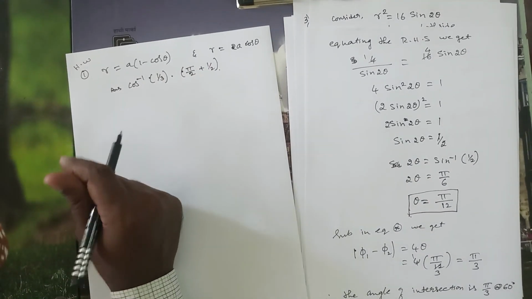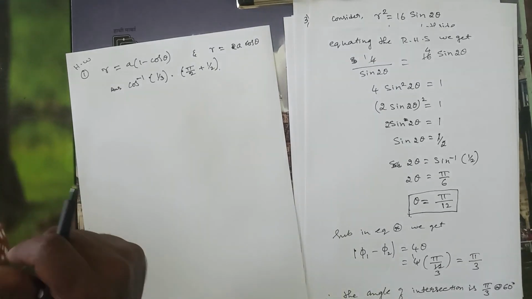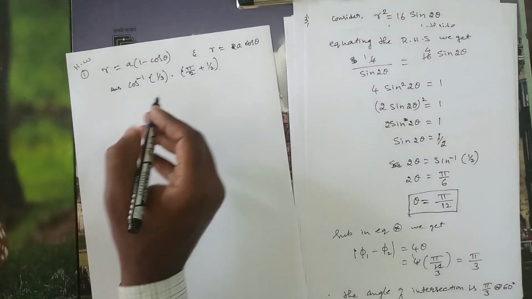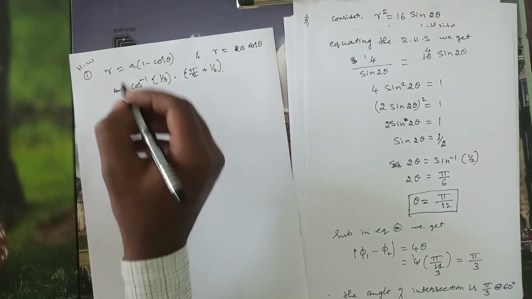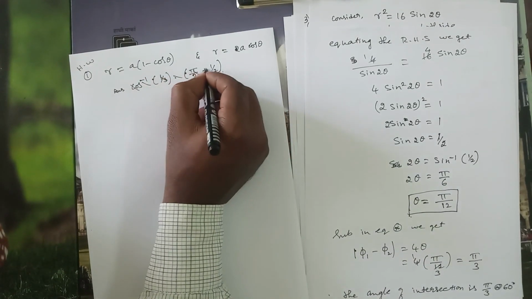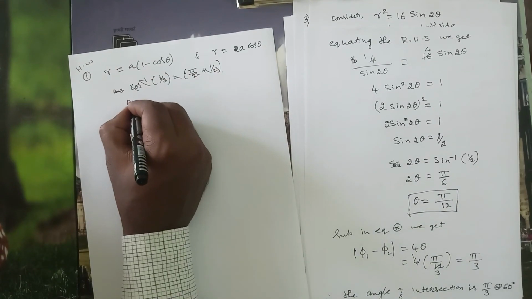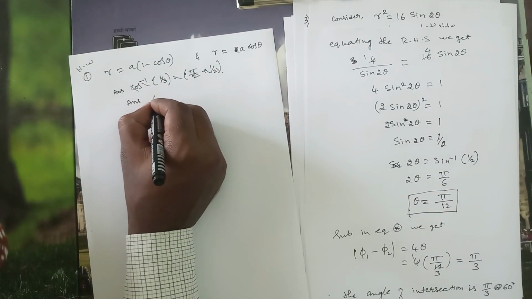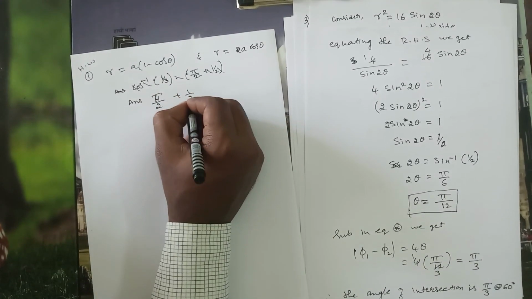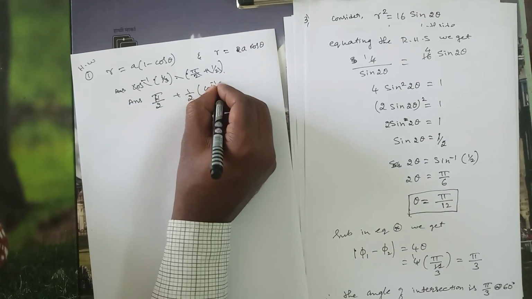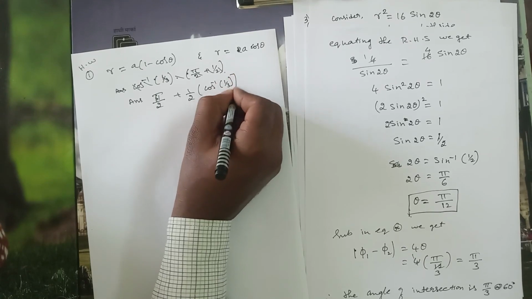Next, the answer is pi by 2 plus 1 by 2 times cos inverse 1 by 3.